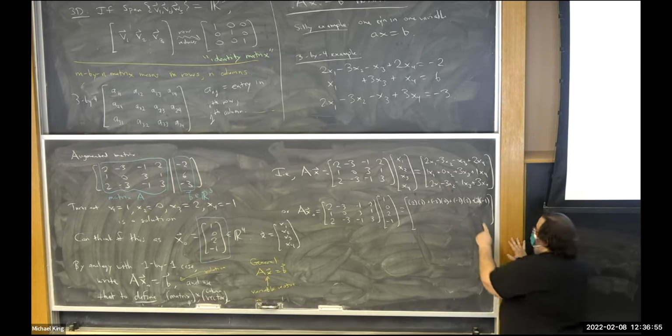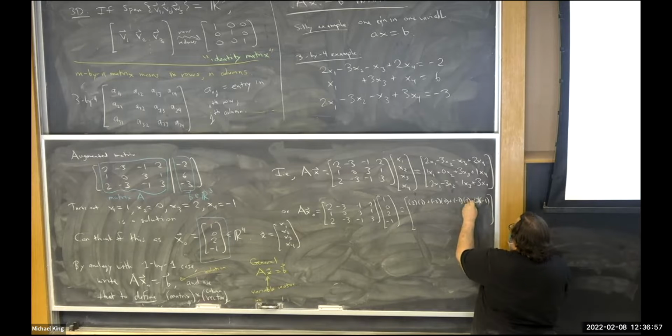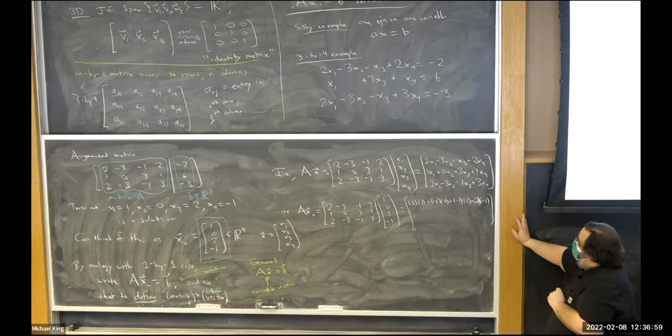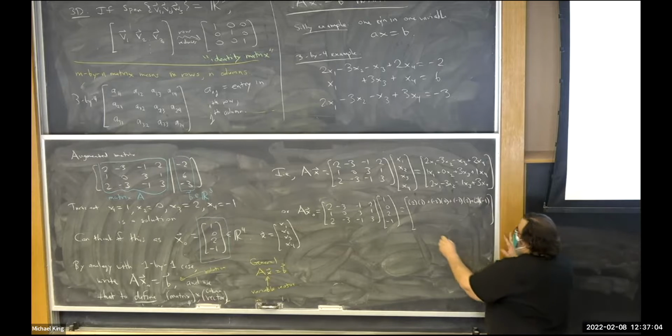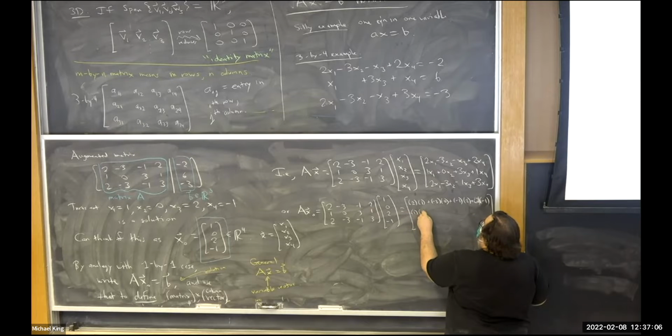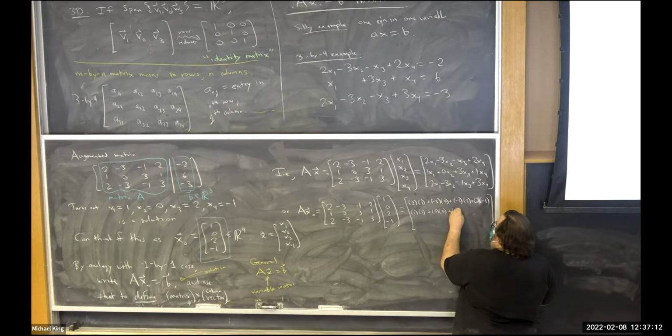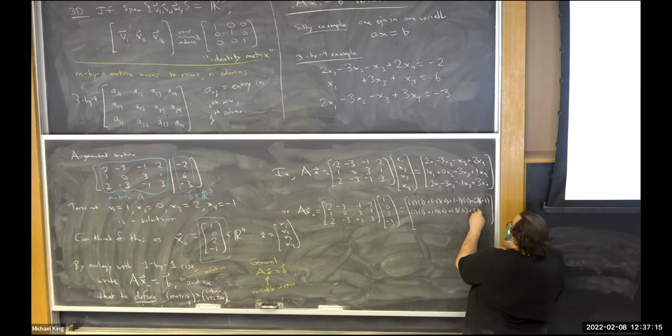I'm just plugging in the values of x1, x2, x3, x4. Here we get 1 times 1 plus 0 times 0 plus 3 times 2 plus 1 times -1.